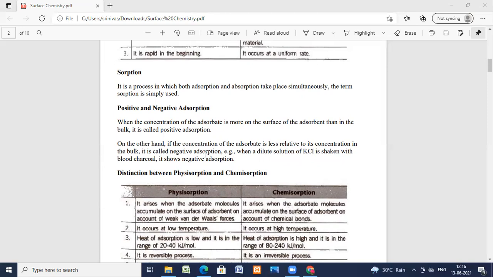When the concentration of adsorbate is more on the surface of the adsorbent than in the bulk, that is positive. If the concentration of the adsorbate is less relative to its concentration in the bulk, it is called negative adsorption, because the concentration of adsorbate on the surface is getting lesser.